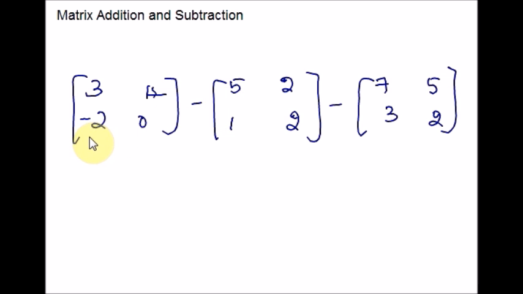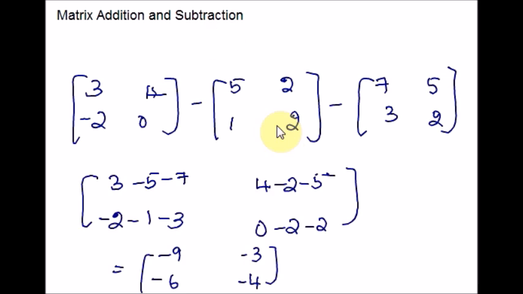Same way for this one, minus 2 minus 1 minus 3, 0 minus 2 minus 2. There can be any number of matrices given, so it depends upon the question. You have to do the same operation for the corresponding elements for n number of matrices. That's it for this example.